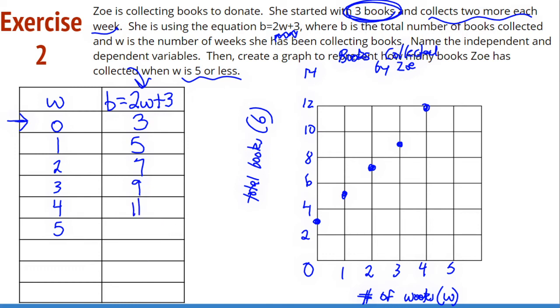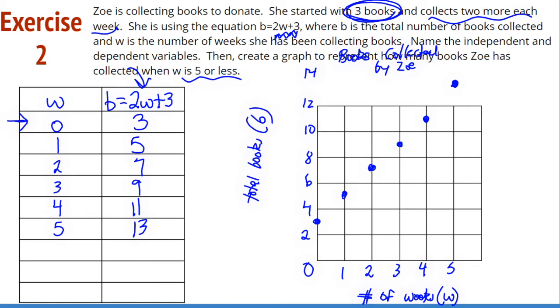Boy, it's a good thing I'm checking my work here. 13. All right. Whew. So here is 11, and at 5 weeks I am at 13. Boy, if we were in class, I'd say, why didn't somebody raise their hand and let me know I messed that up?